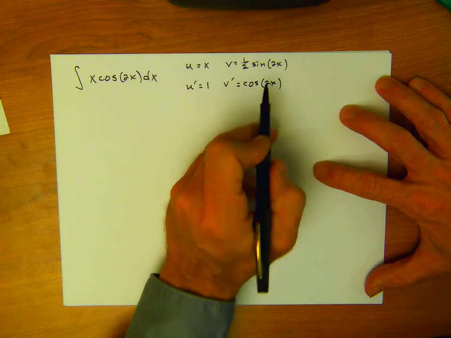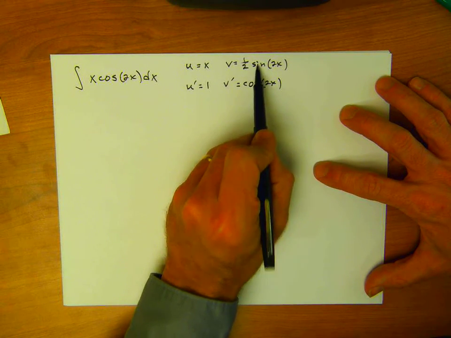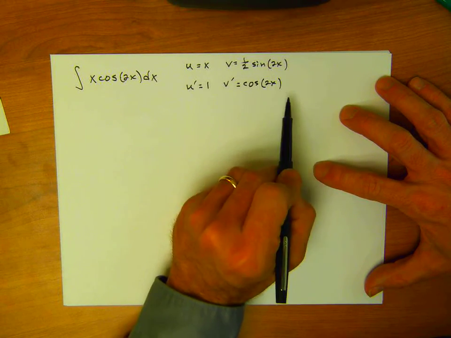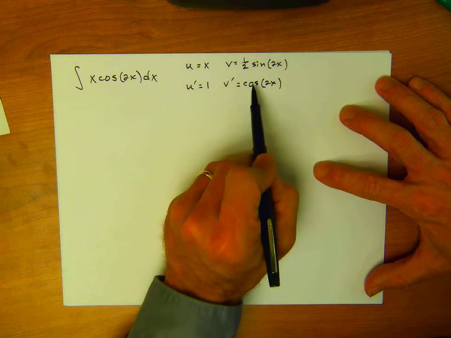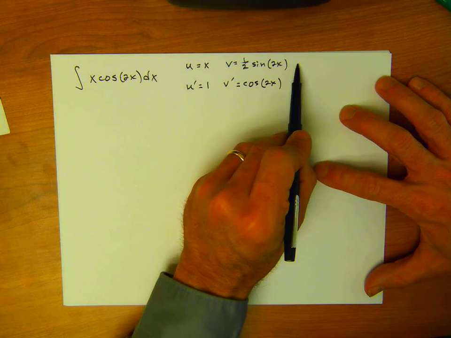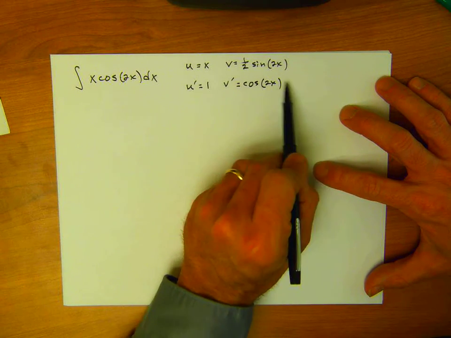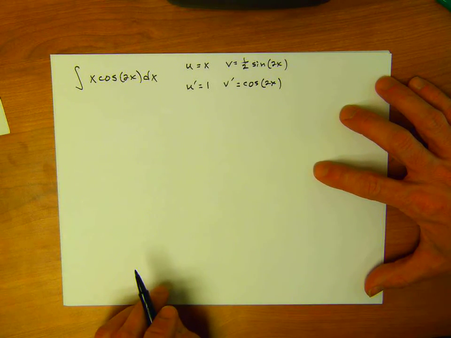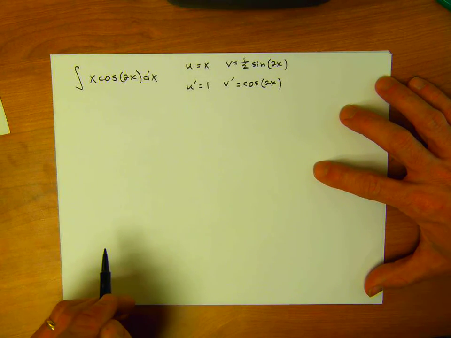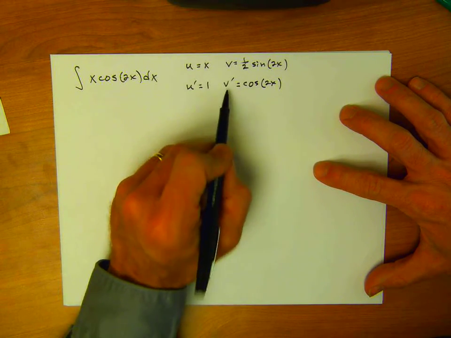You can check that, right? If you take the derivative, the derivative of sine is cosine. Remember, this is the chain rule. The derivative of sine is cosine, the derivative of 2x is 2. So we would get cosine 2x times 2, but then the 1/2 takes care of that too, and we just get back cosine 2x.